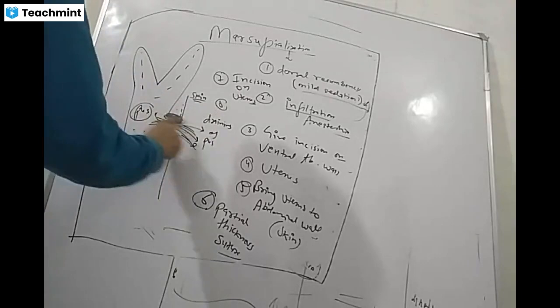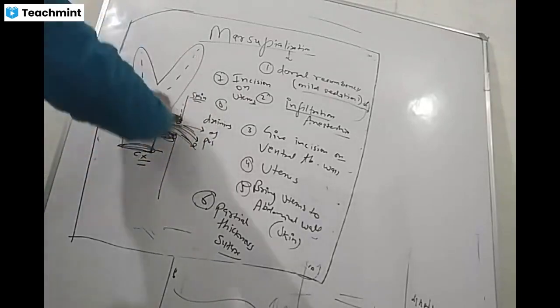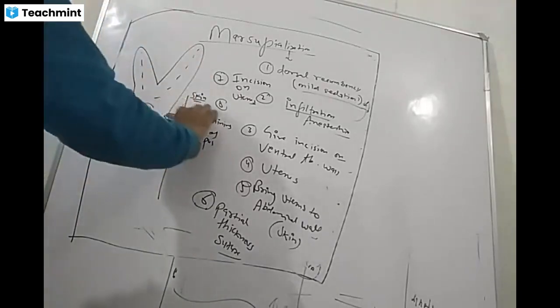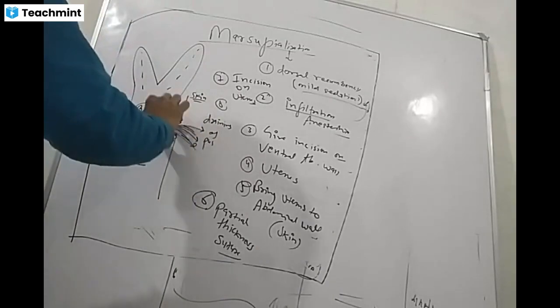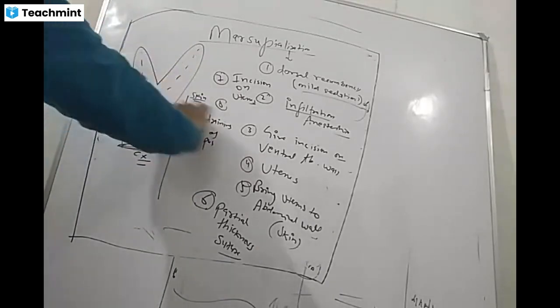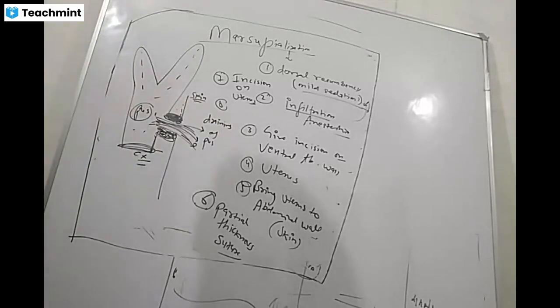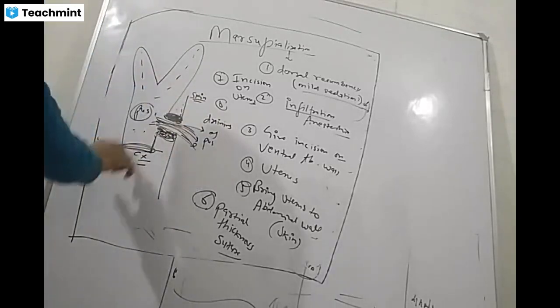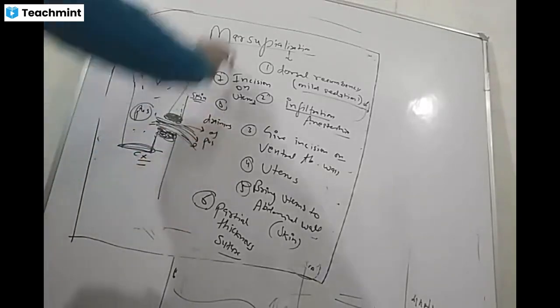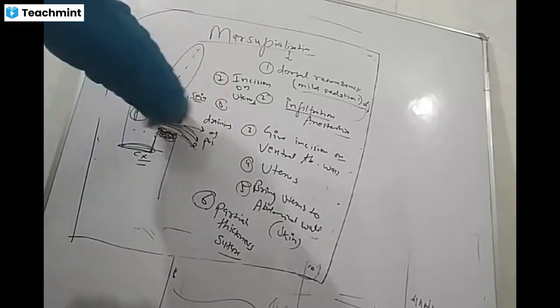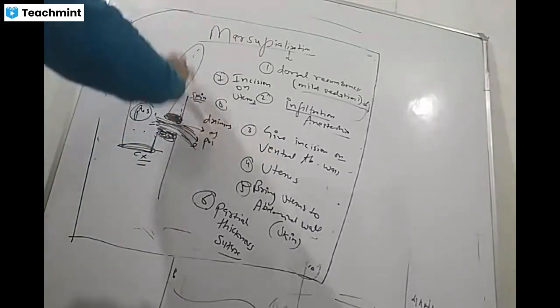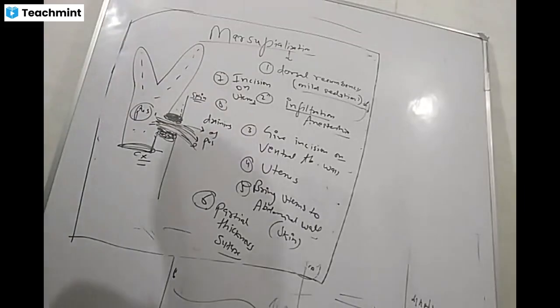So this is a way to make a passage, a canal, a route, so that all the pus slowly will drain out. Where the cervix is closed, in this marsupialization process we are draining all the pus out of the body.